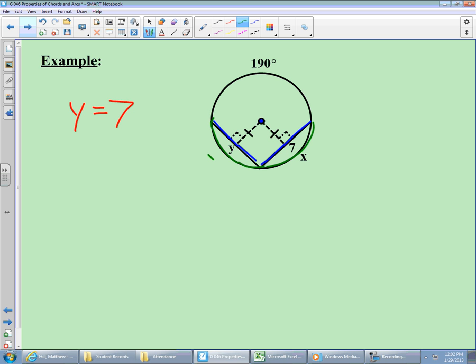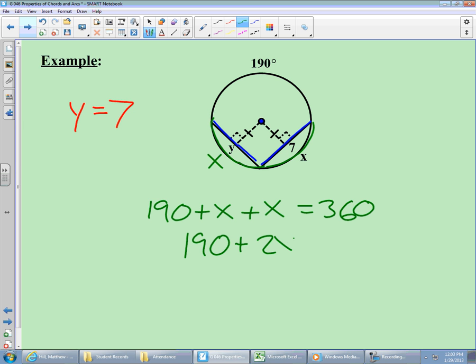Oh, yeah, yeah, yeah. So if the chords are the same, then we've got 190, and we've got an x, and then we've got another x. Okay, yep, and we know that they all add up to be 360 degrees. So from here on out, all we have to do is clean up the problem. An x plus another x is two x's.